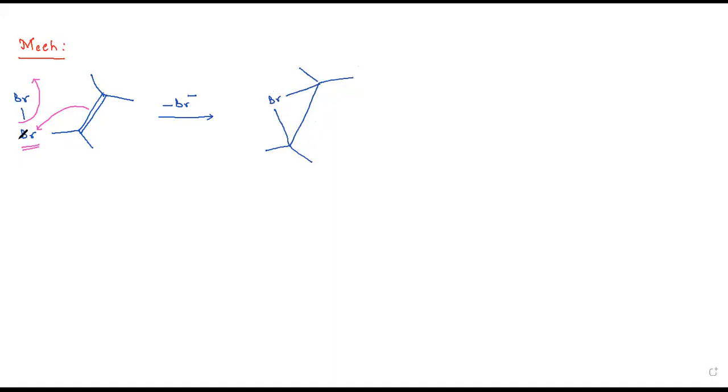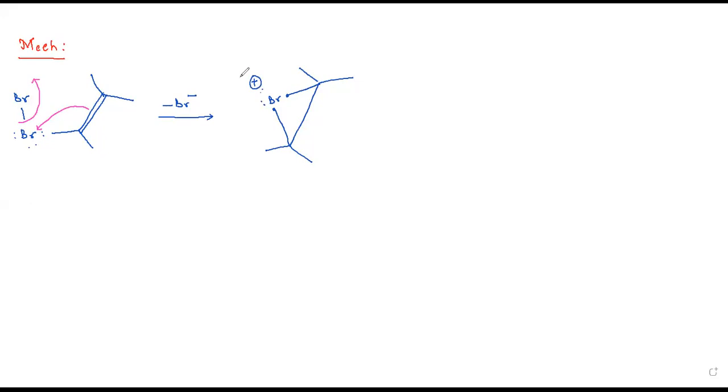But see, already it will have one. All six will be there, 6 plus these two. That means the bonded pair is lost, right? So that will have 4 plus these two. That means 6. So that will actually get a positive charge.